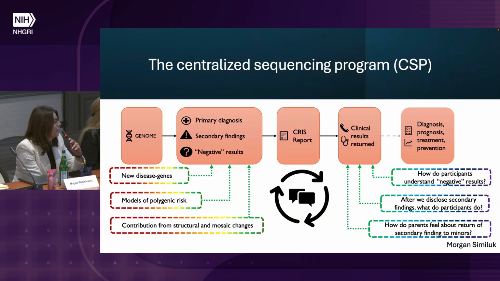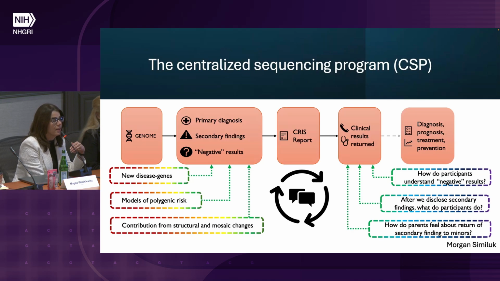We interrogate that data for primary diagnoses, meaning the reason why they are seen at the clinical center, secondary findings, which are the 80+ genes recommended by the American College of Medical Genetics to be looked at when genetic testing is performed. These results are then summarized into a report that is uploaded to our medical record.